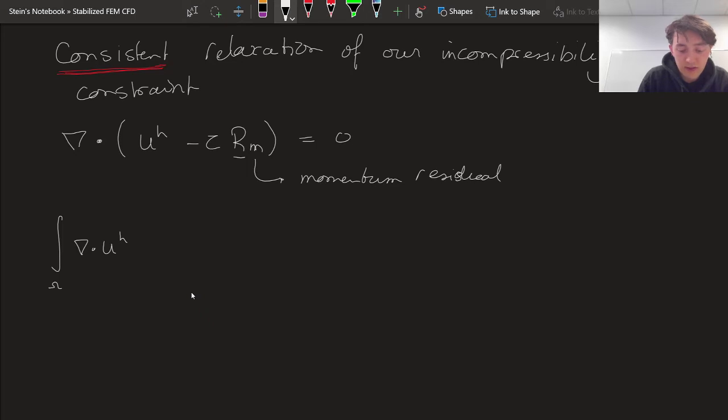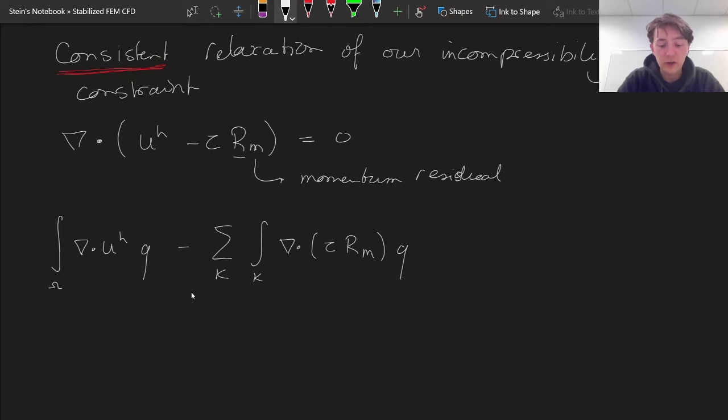Minus, I'll write this as a sum over elements, the sum over the elements of the integral over the elements of tau times R_m times the divergence of q.